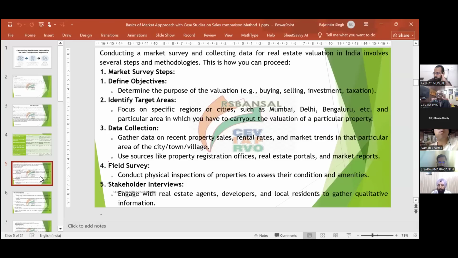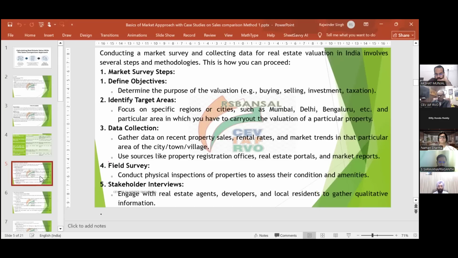Second thing is, you identify the target area. Target area means you have to collect the data from the areas in the vicinity, in the nearby areas of the property of which you are doing valuation. Means you have to focus on specific regions or cities. So it does not mean that if you are doing valuation, you will do a survey in all of Delhi.